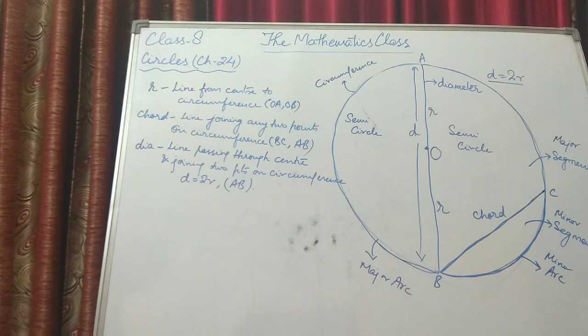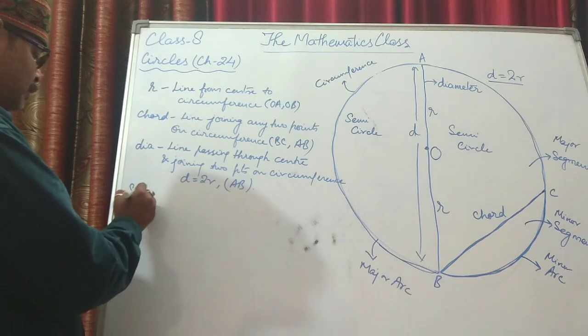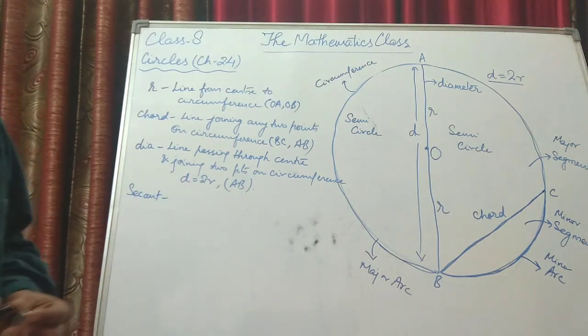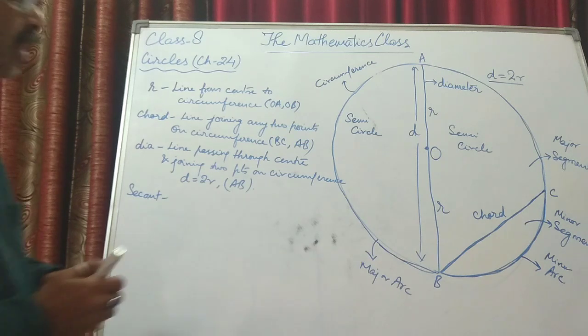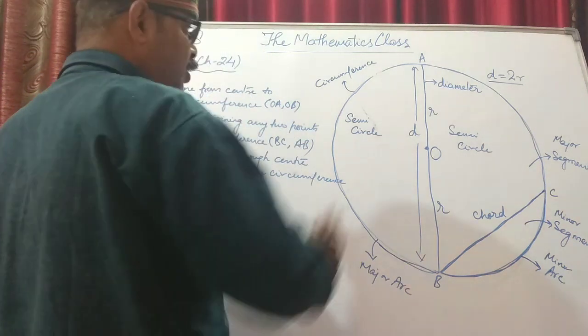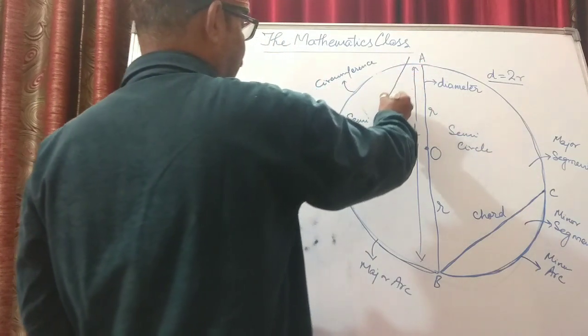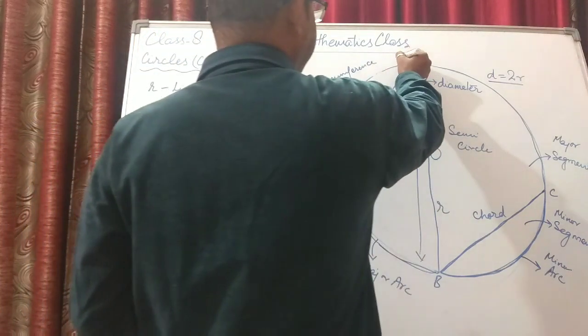This is the diameter. Then there is a word known as secant. Secant is a line containing any 2 points on the circle. Suppose I draw a line something like this, let us say DE.